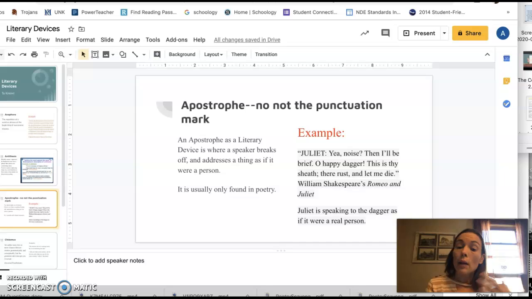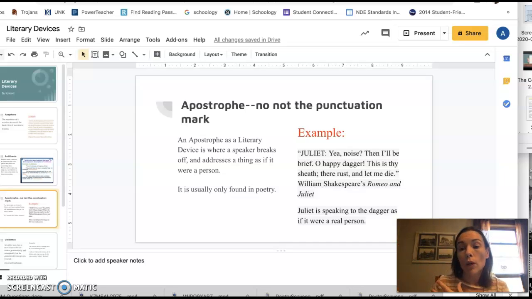All right. An apostrophe is not just a punctuation mark. It can be used as a literary device as well. This is where the speaker might break off and address a thing as if that thing is an actual person. I usually only find it in poetry, or Shakespeare uses it quite frequently in his plays. For example, at the end of Romeo and Juliet, and you've all read it, she's speaking to the dagger.